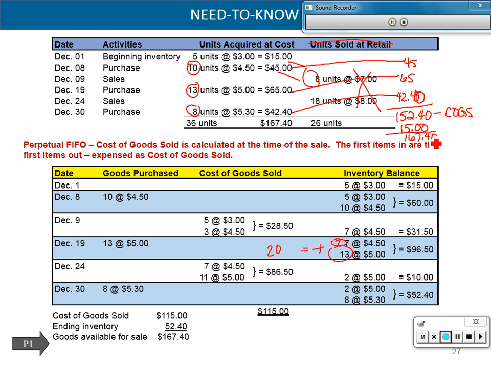So if you subtract that $52.40 from $167.40, what do you get? $115. The cost of the goods sold: subtract ending inventory from $167.40, which was your beginning cost of goods sold.